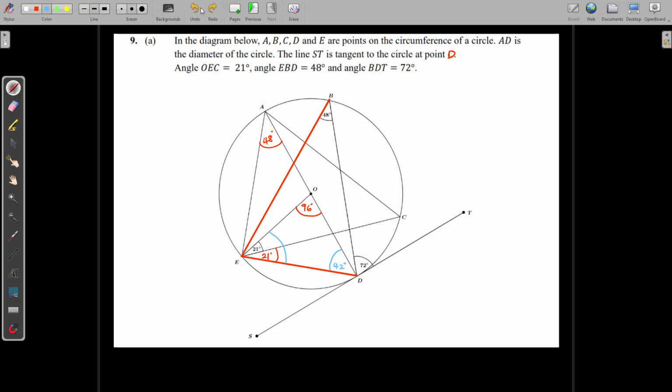Alright, so looking at this diagram, one theorem that would be very helpful to us is the angle formed by a tangent and a chord is equal to, let's see, yeah, that one would help us.